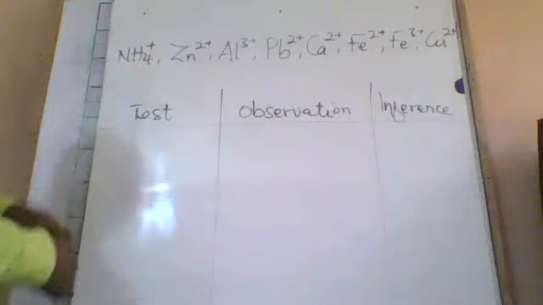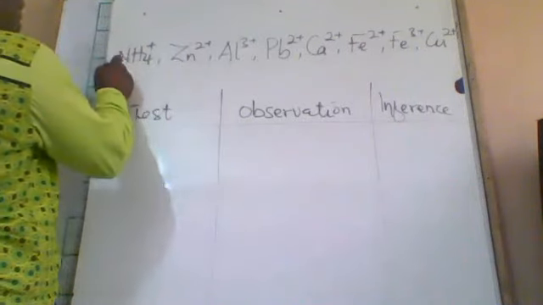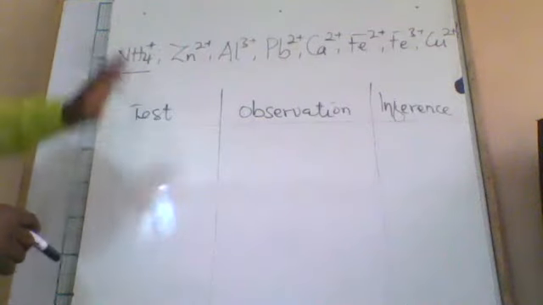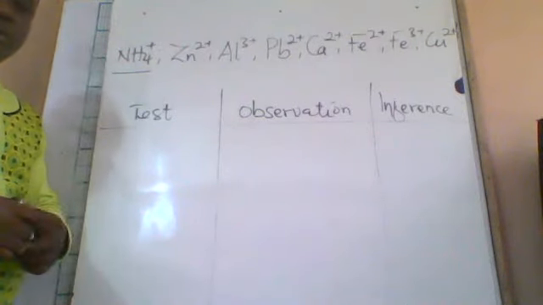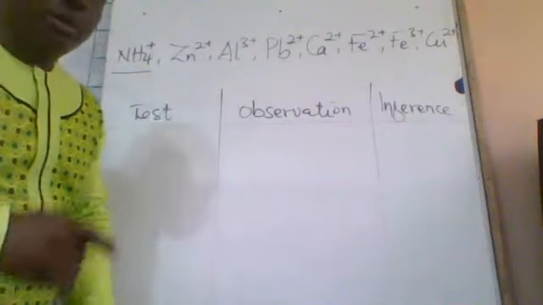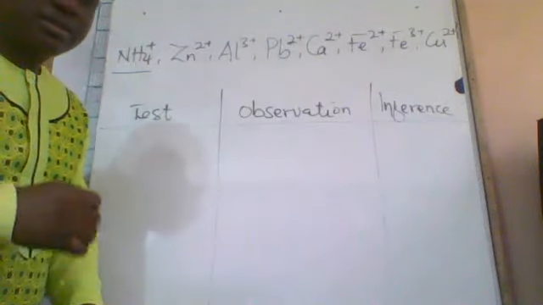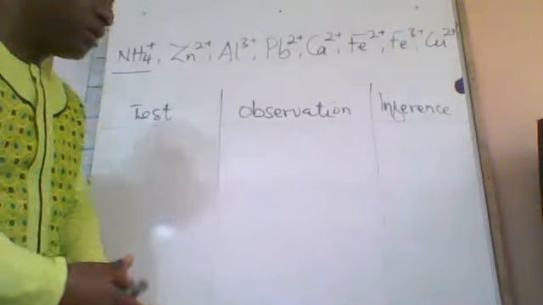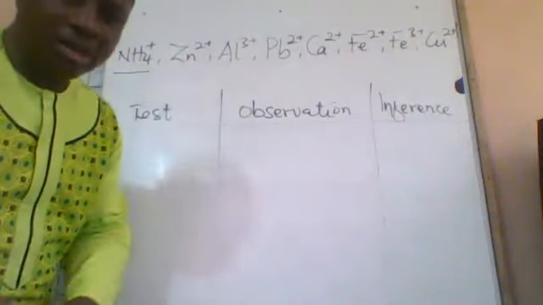Now, among the cations, the ammonium cation is the only cation that gives off a gas when dilute sodium hydroxide is added.